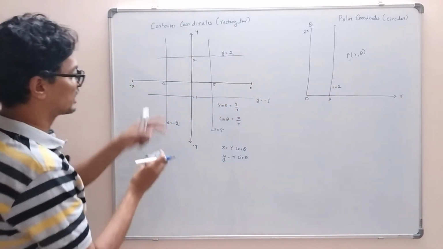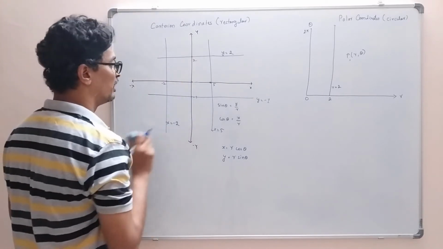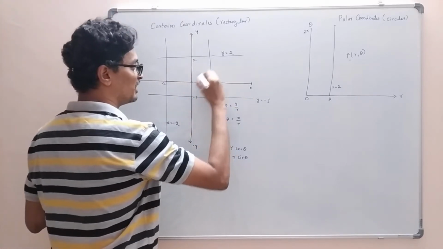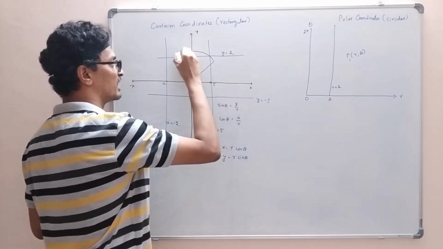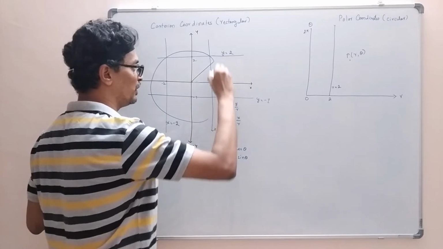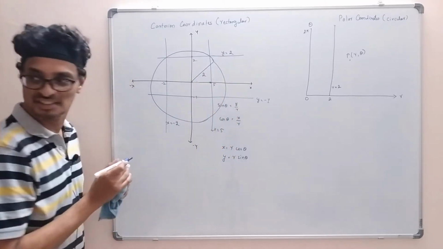So what is the equivalent representation here? Tell me. r equal to 2 means this is nothing but a circle, because for all theta, r is 2. Is that right?